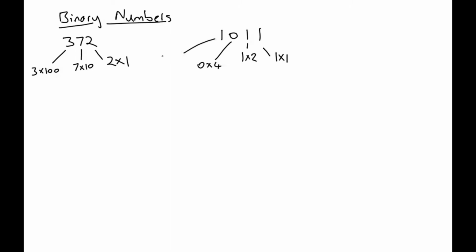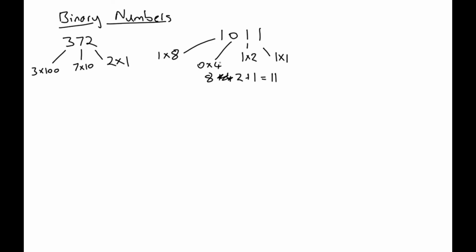And here we've got 1 times 2 times 2 times 2, in other words 1 times 8. So altogether the number, in decimal, is going to be 8 plus 2 plus 1, because we've got no 4s, which is 11. So this is 11 in binary. Let me just check that. We've got 1 plus 2, that's 3, plus there's no 4s, and we've got 8, so that's 11.